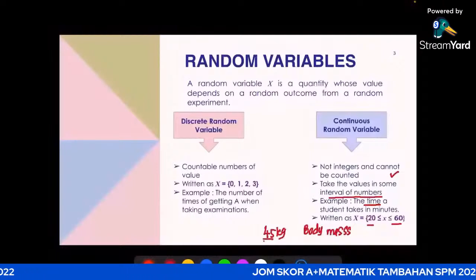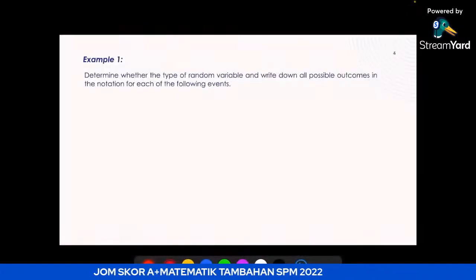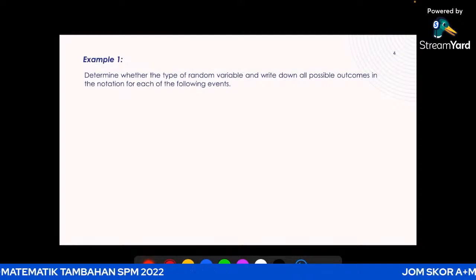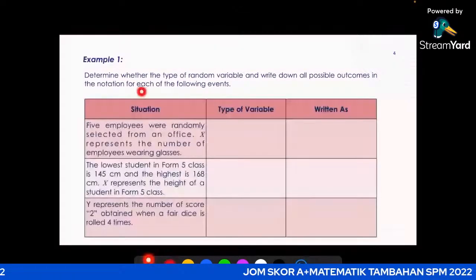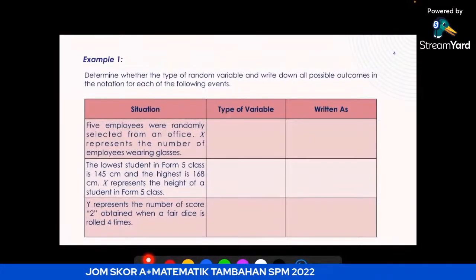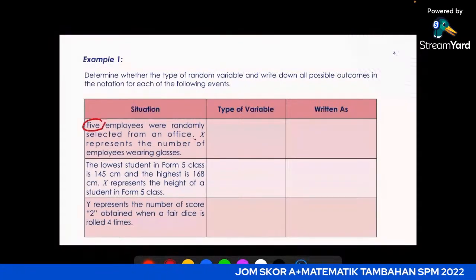Next, we go to the example. Determine the type of random variable and write down all possible outcomes in set notation for each of the following events. The first situation: 5 employees were randomly selected from an office. X represents the number of employees wearing glasses.